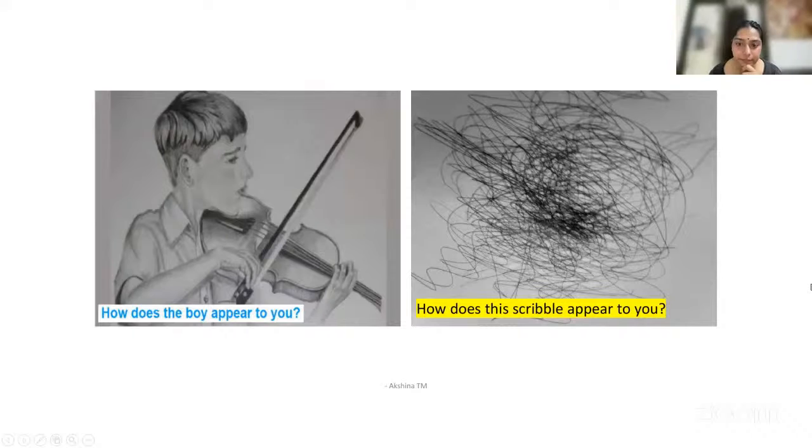For example, a boy comes to counseling and he says he loves music and he starts playing music. Now, when he plays music, he plays a sad note. That is number one.